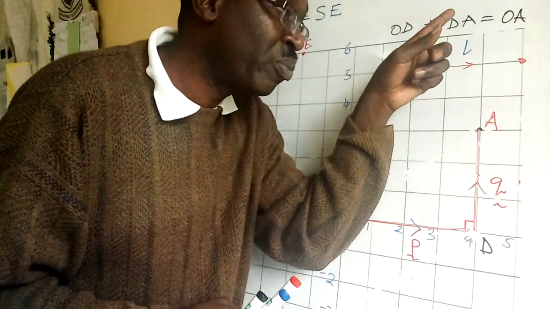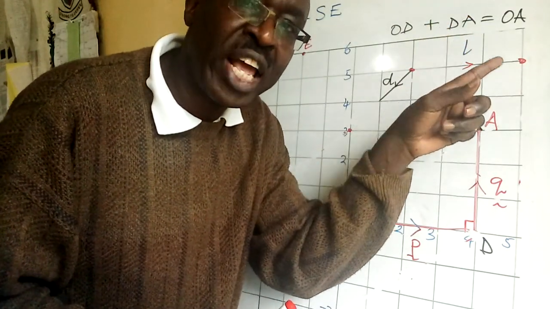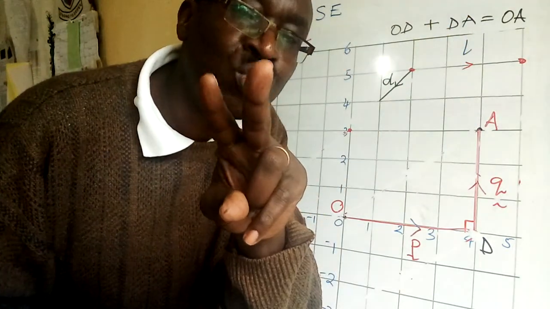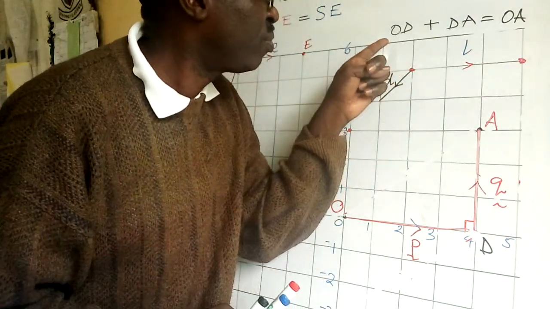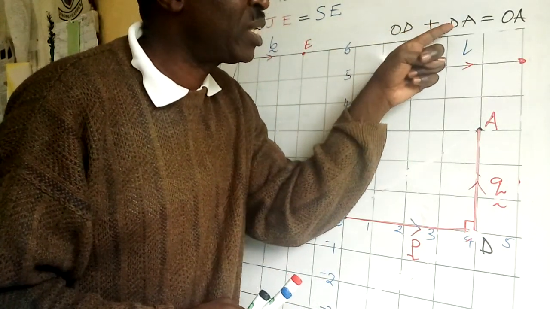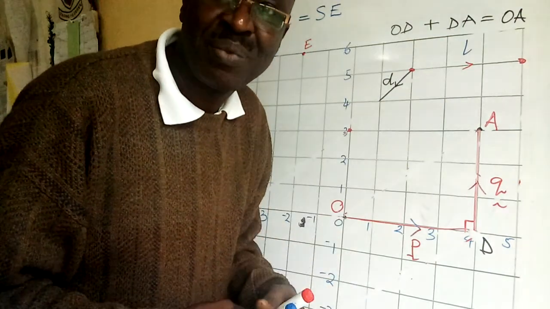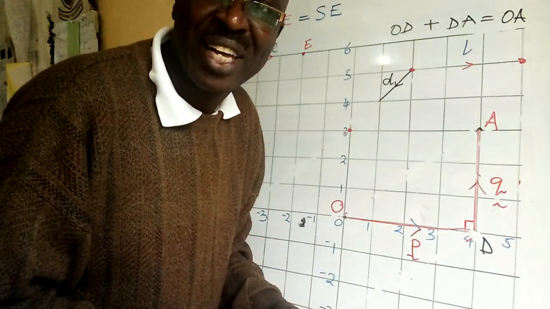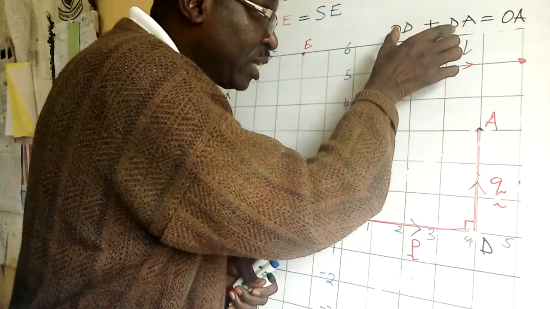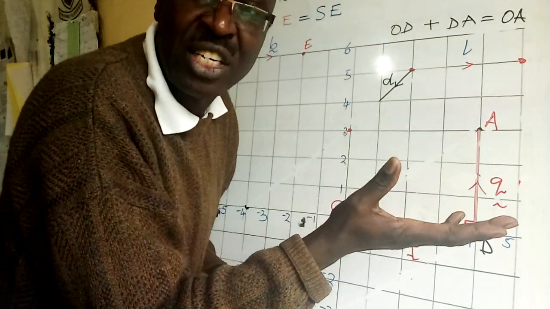That movement from O to A was made up of two movements, OD plus DA, and you get that. Okay? So this is what we call vector addition.